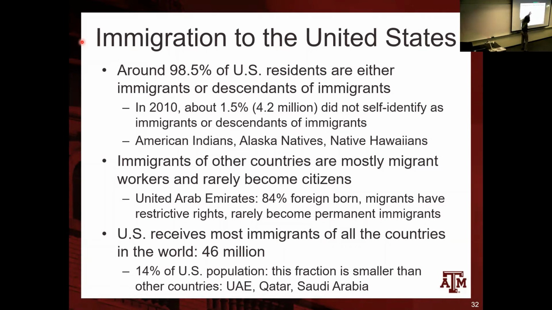About only 1.5% of the population self-identify as one of these groups here. Most of the people, 98.5%, reported some self-identification with groups outside of the US. Immigrants of other countries are mostly migrant workers and rarely become citizens.